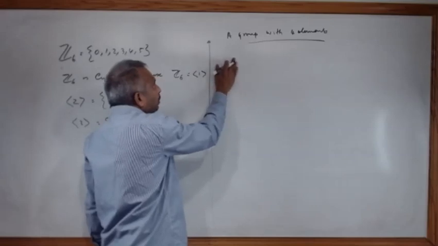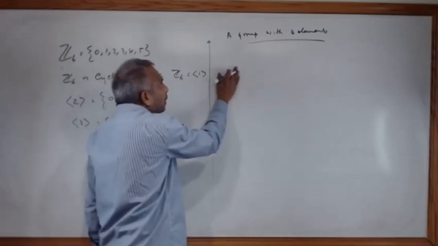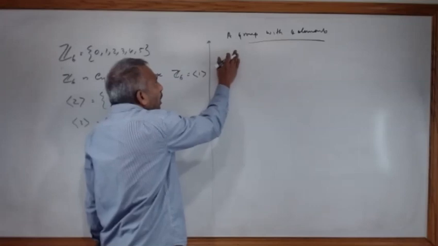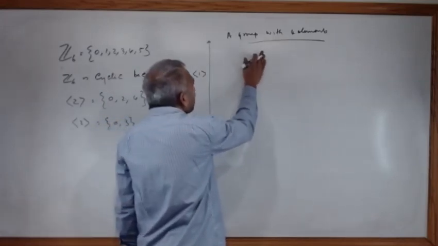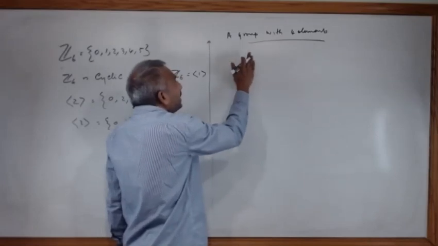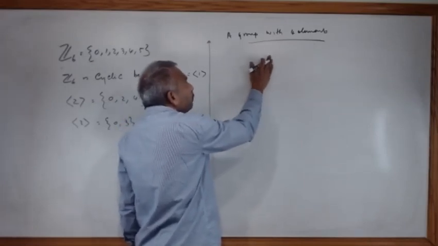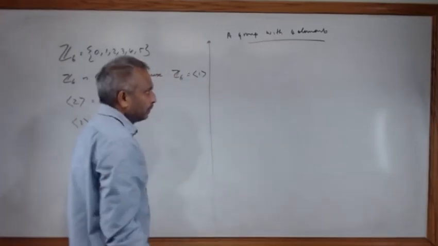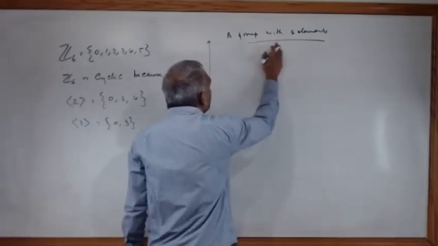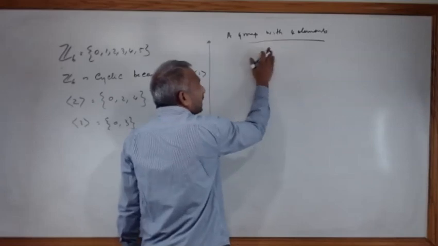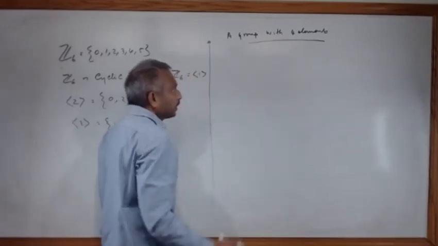So I'm not going to talk about isomorphism here, but I just want to say that there are 2 different groups with 4 elements. Meaning, if the number of elements in a group are the same, that does not mean that they are the same group. They are totally different groups.